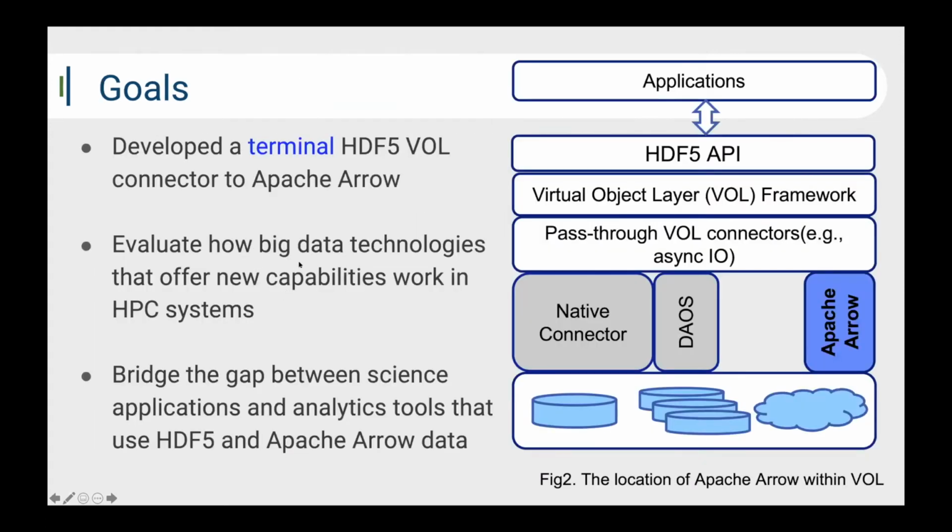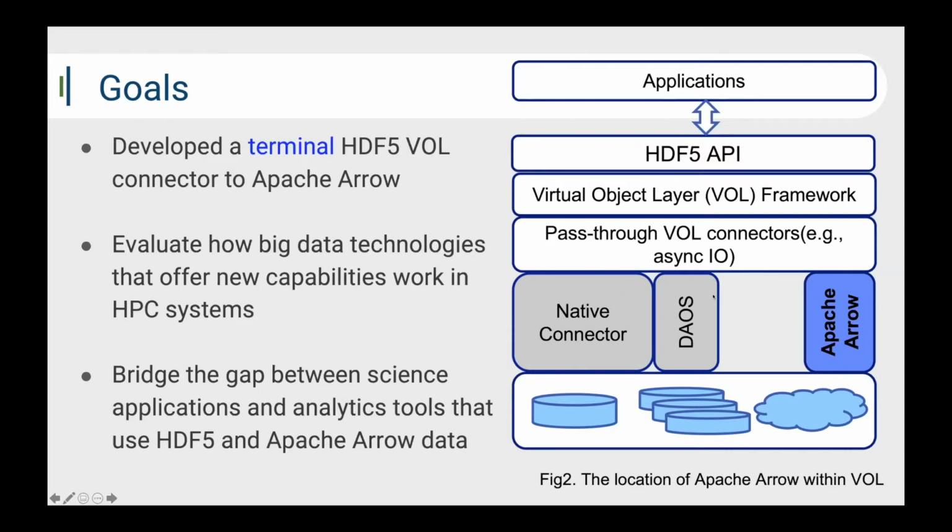As we said before, Apache Arrow is an efficient in-memory column store for data management. Therefore, to evaluate how big data technologies that offer new capabilities work in HPC systems, and to use Apache Arrow directly from HDF5, we developed an HDF5 VOL connector to Apache Arrow.